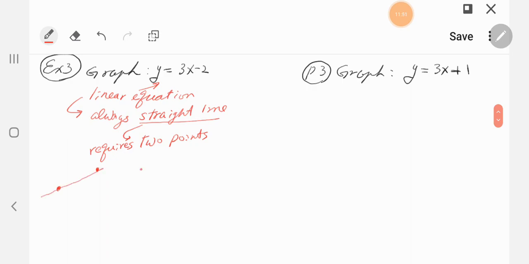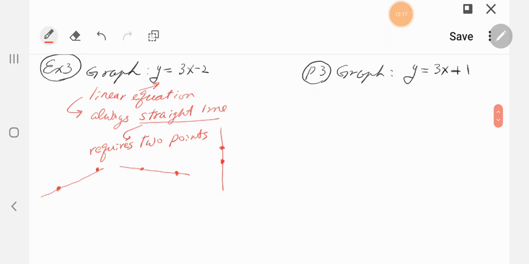If we have a point like this, we can form a straight line by connecting these 2 points. If there are 2 points like this, we can also connect these two to make a straight line. So if you have 2 points, then we can graph the line. It is the straight line that contains these 2 points, always.